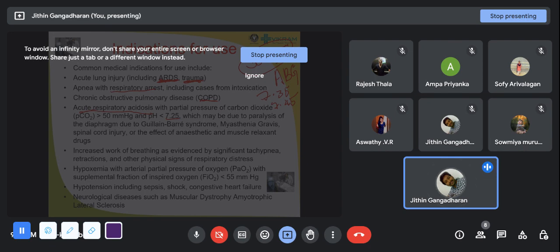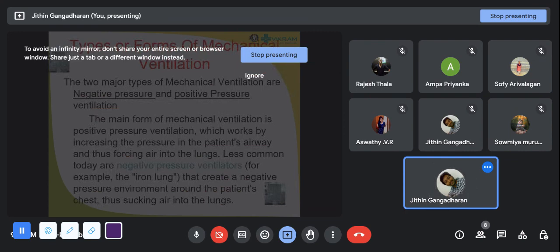In case of significant tachypnea, respiratory distress with signs of respiratory distress, inhalation injuries to the patient, sepsis, shock, congestive heart failure, neurological diseases such as muscular dystrophy or lateral sclerosis, all these conditions are indications for applying the patient on a mechanical ventilator.